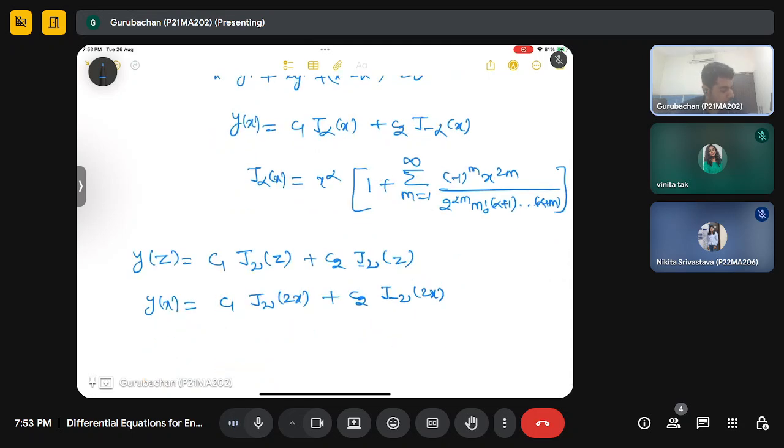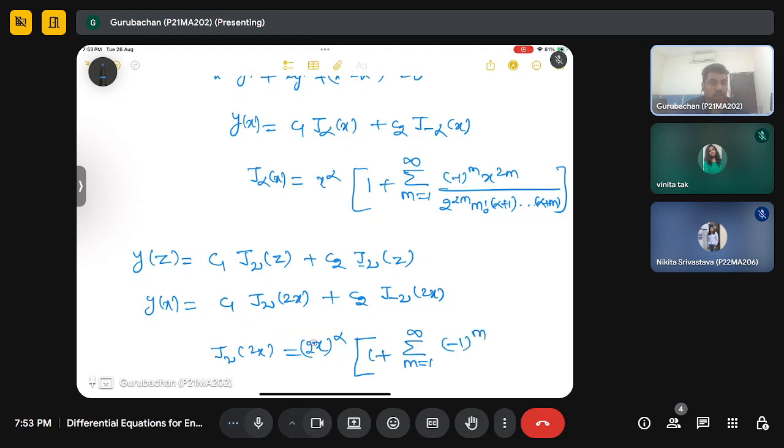I will write explicitly what J nu 2x is. It will be 2x to the power nu times 1 plus summation m equals 1 to infinity minus 1 to the power m.